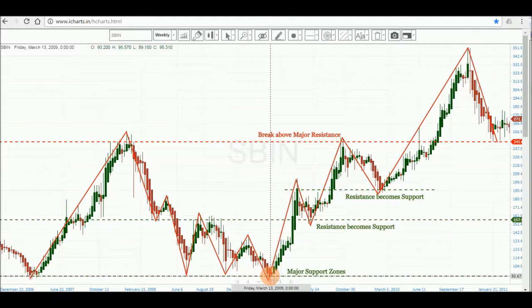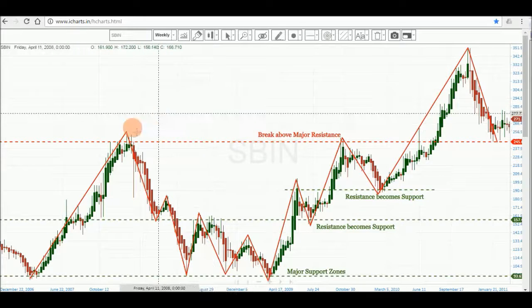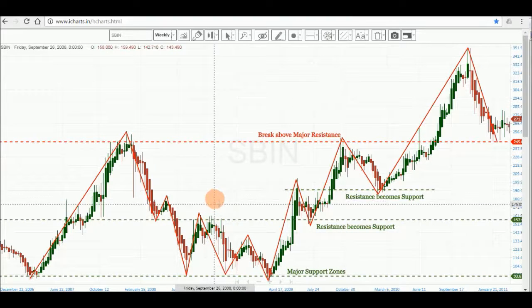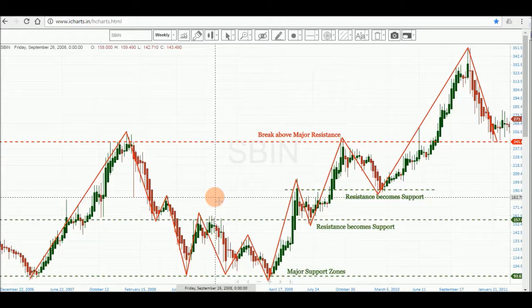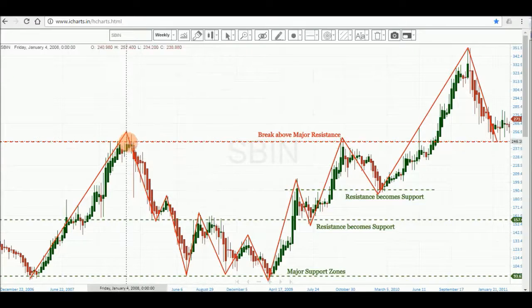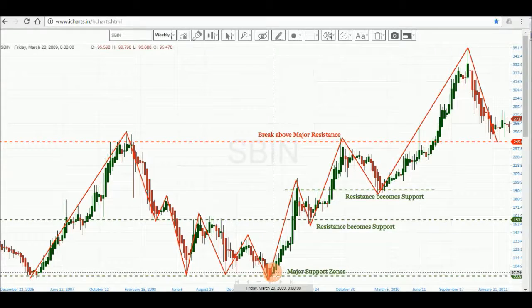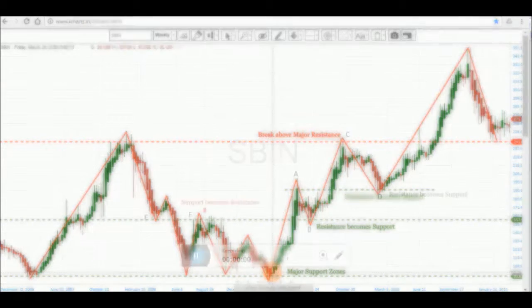Okay, and the major resistance levels are right at my cursor, over here and then over here. The price zones where it falls are where the sellers were outweighing the buyers. So these zones are called major resistance zones, which I explained to you in the earlier chart as well. And the price zones where it gains upward momentum, like over here, demand was greater, so these are support zones.